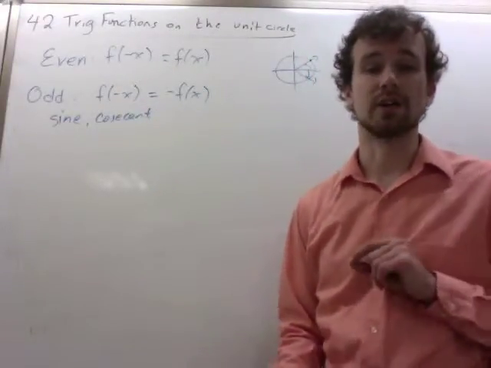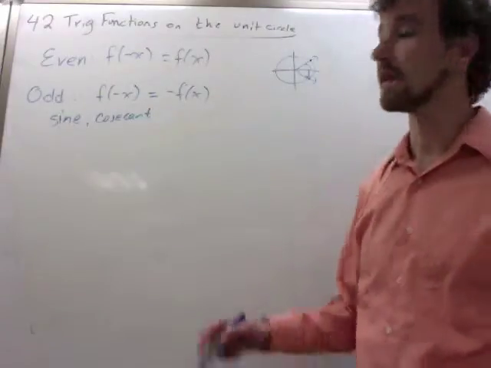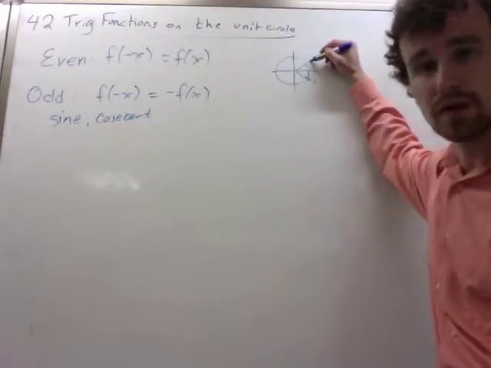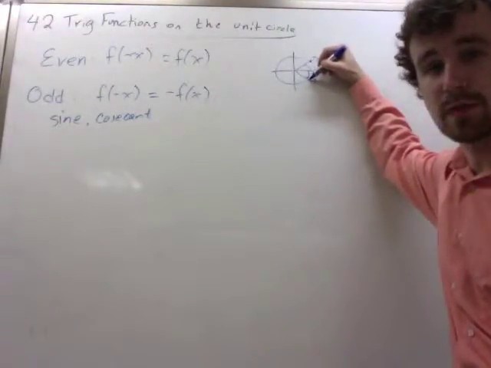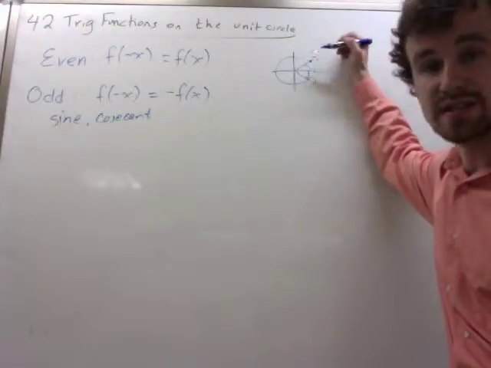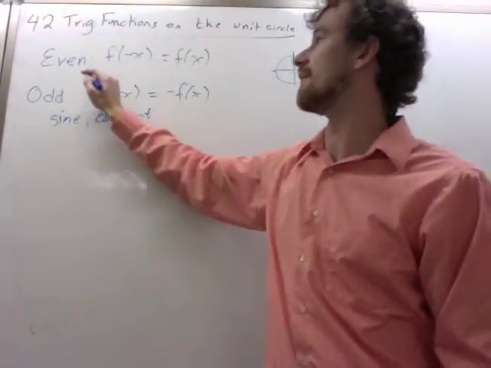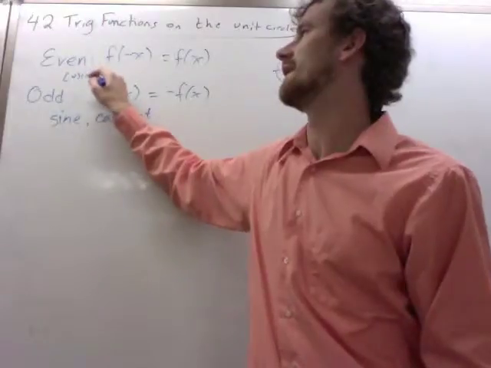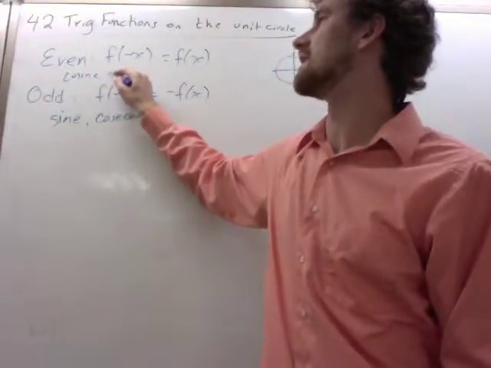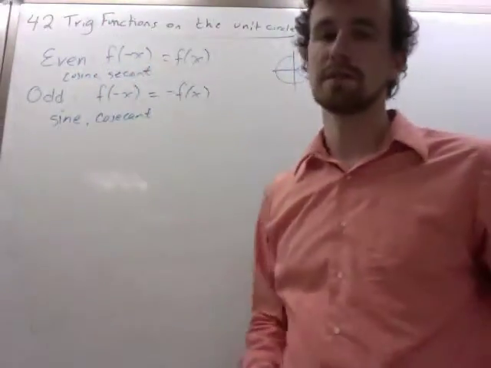The cosine function is related to the x-coordinate. If we look at the x-coordinate of this point versus the x-coordinate of this point, you can see that they're the same. So the cosine function is even, and so is its counterpart, secant.